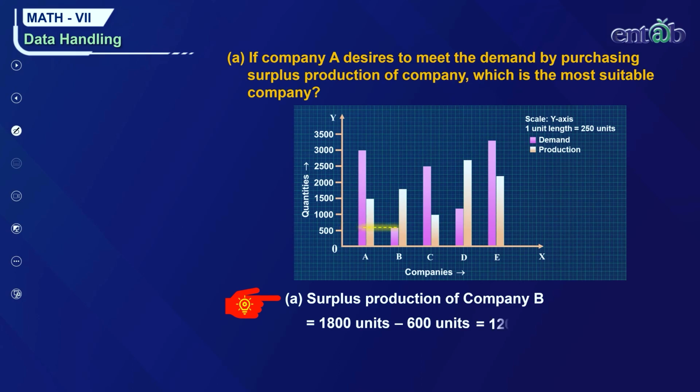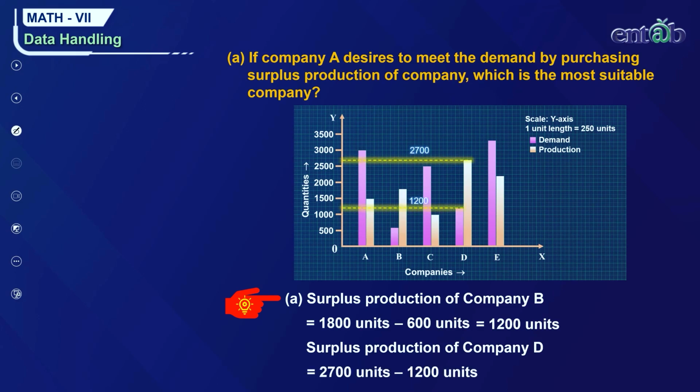So, what is the surplus? That is 1200 units. Now, if we look at the surplus production of company D, the production of company D is 2700 and the demand is 1200 units. So, the surplus production is 1500 units.